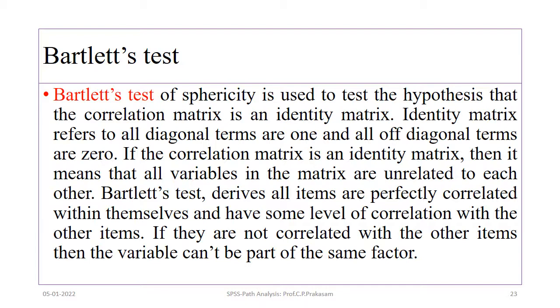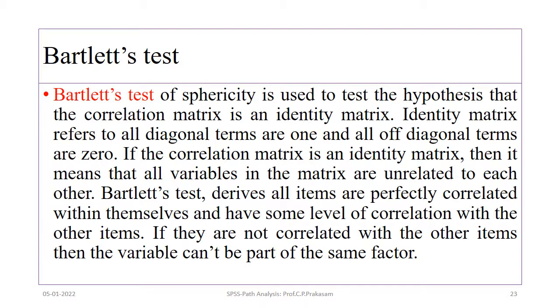What is an identity matrix? An identity matrix means all diagonal terms are 1 and all off-diagonal terms are 0. That means the variable is correlated with itself and uncorrelated with other variables. That is the meaning of that.